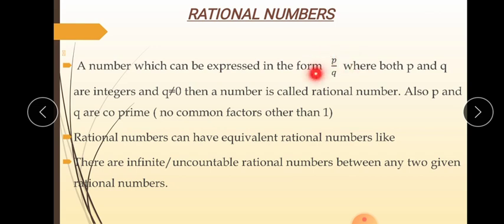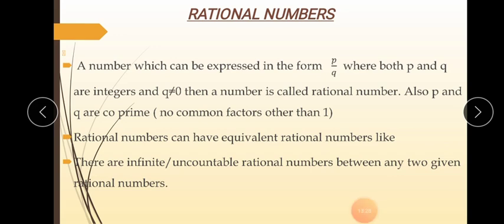This denominator q cannot have the value 0, as we cannot divide any number by 0. So a number which can be expressed in the form of p by q, where both p and q are integers and q is not equal to 0, is called rational.